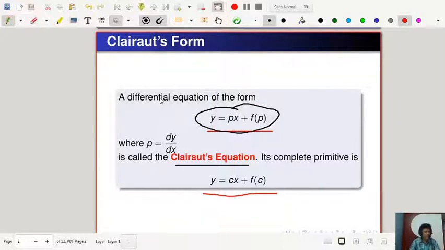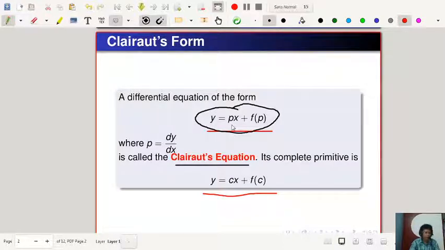Thus, if we can manage to transform a given first order ODE of higher degree to Clairaut's form, then it must have a singular solution. That is guaranteed.